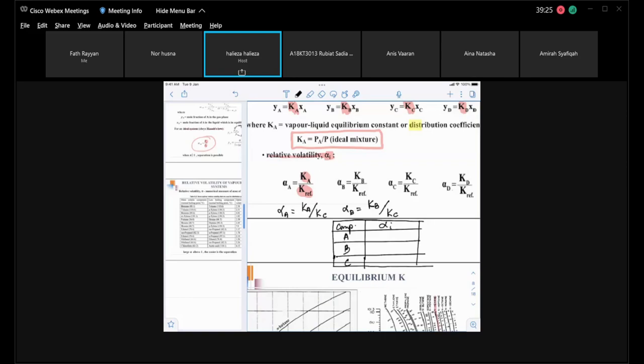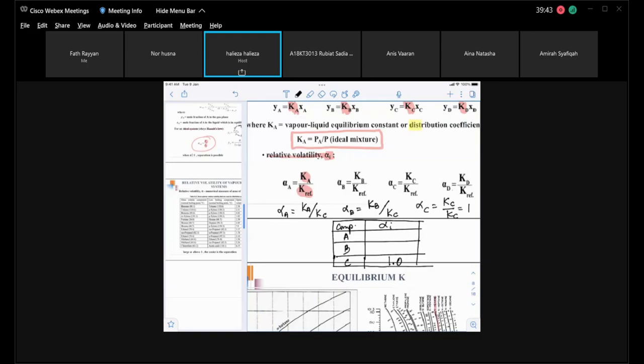If your C component is the reference component, then this should be 1. Kc over Kc: alpha C is equal to the K constant divided by the reference constant, so that gives you 1.